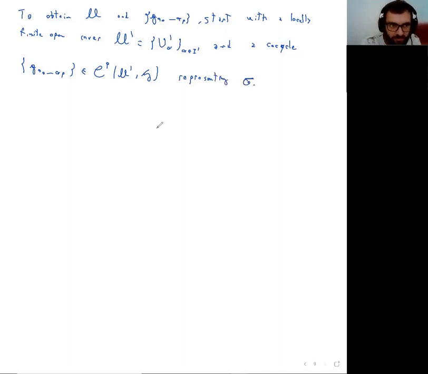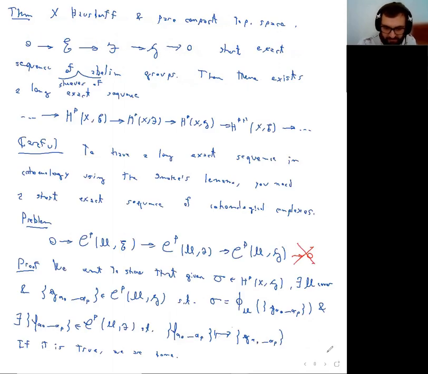Because sigma is an element of the cohomology, so particularly it's an element of the direct limit, so there is a representative. And we need to somewhat modify this representative so that it is in the image of F, so that there exists this F.